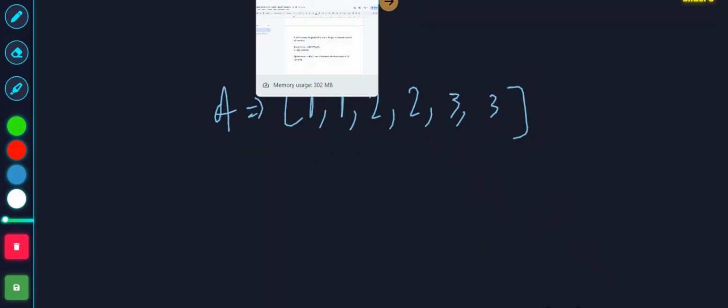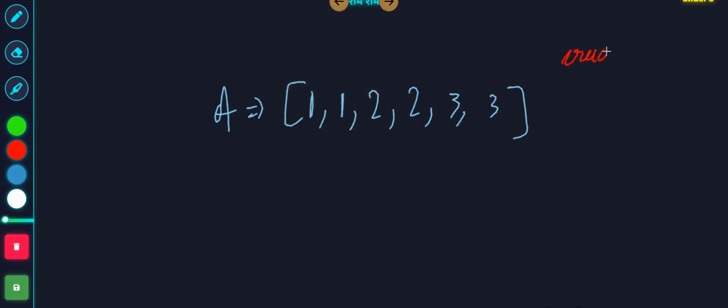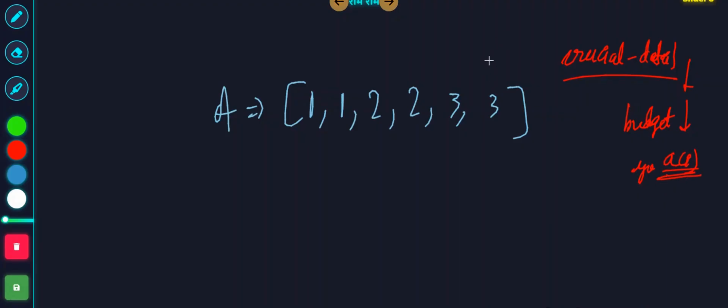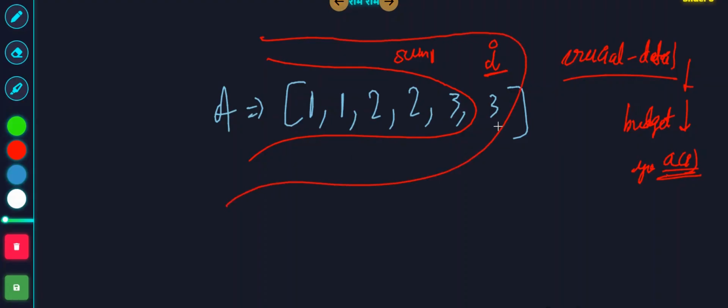There is one crucial detail which you should always remember: when you're trying to reduce the budget, you cannot remove A of I. So if you're solving for index I, in your mind, let's say the sum from 1 to I minus 1 is sum 1, and 1 to I is sum 2. So you always keep track of the current sum and the previous sum. Okay. And the budget is B.